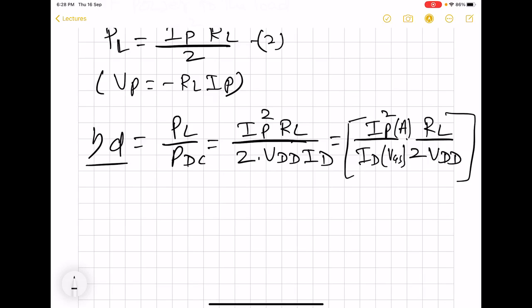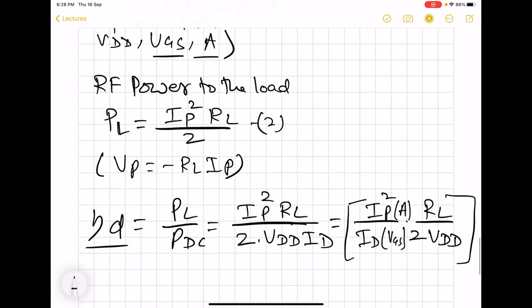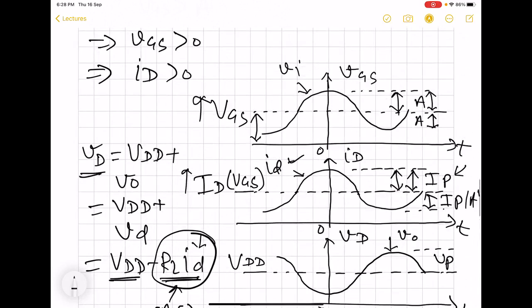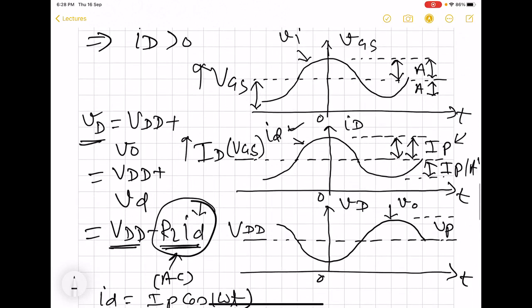So there is a scope of increment here, because IP, this numerator, can be increased by increasing A. So here we see that we have this waveform for the IP or ID.